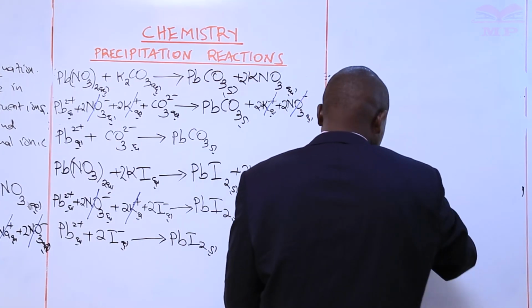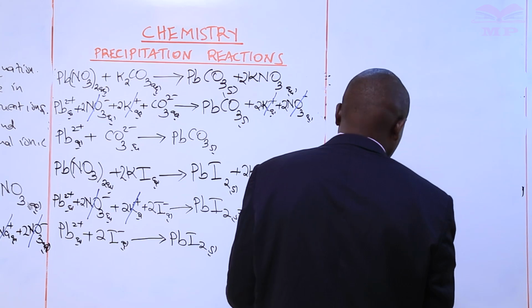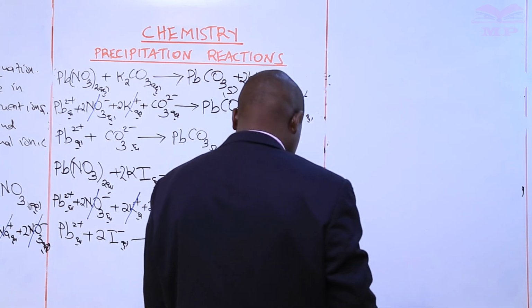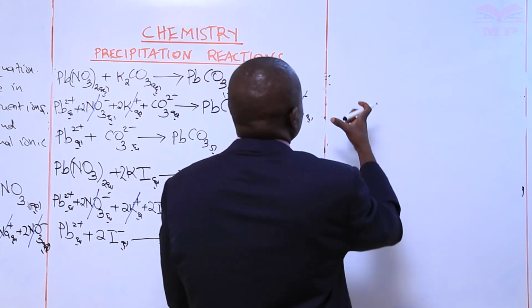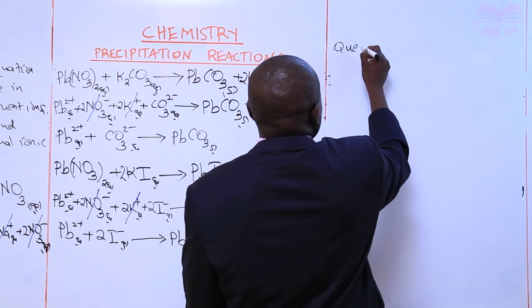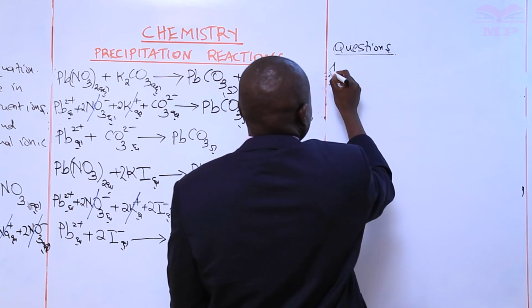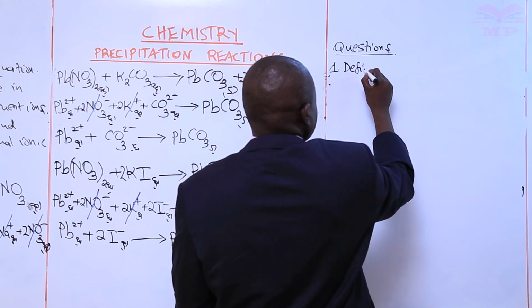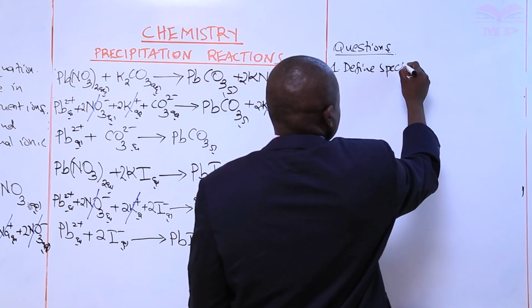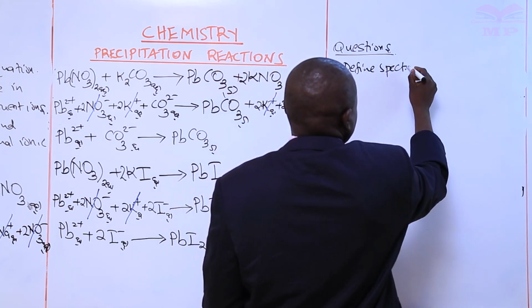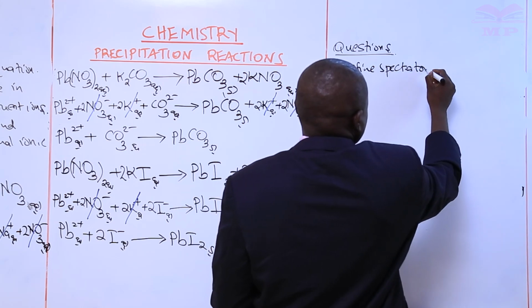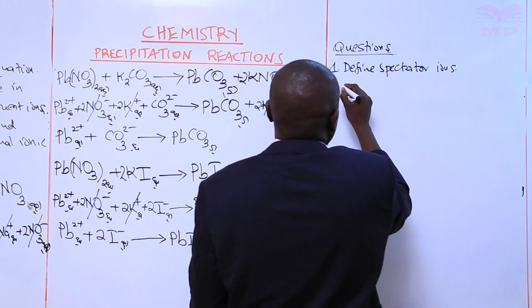Try the following questions as part of your exercise. Questions. First question, define spectator ions.